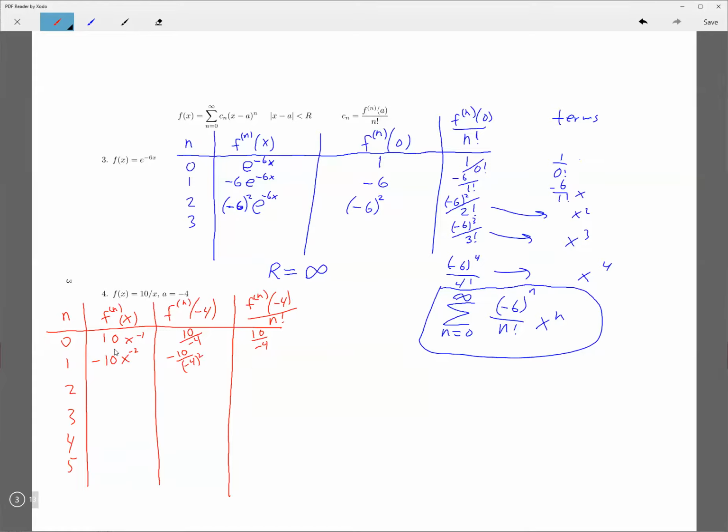What's the derivative here? +20 x to the -3. Okay, now in fact, maybe what we should do is write it as 2 times +10. Wait.